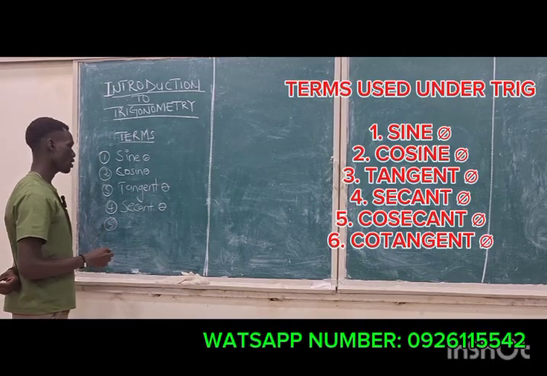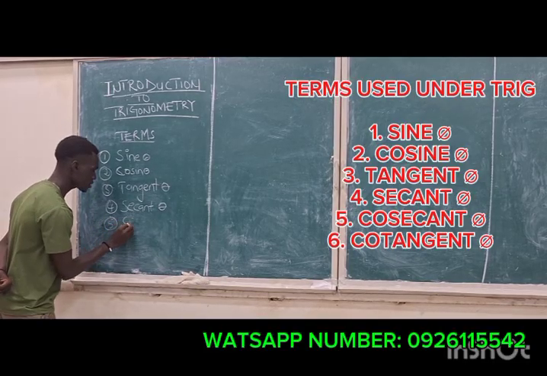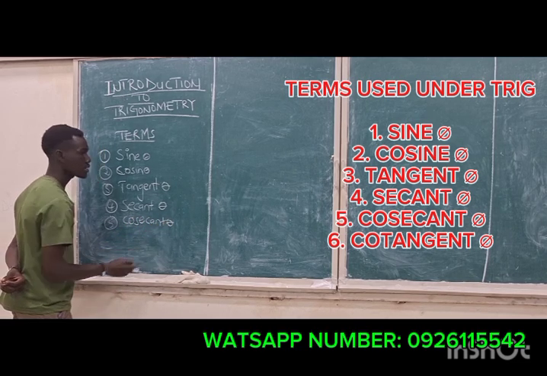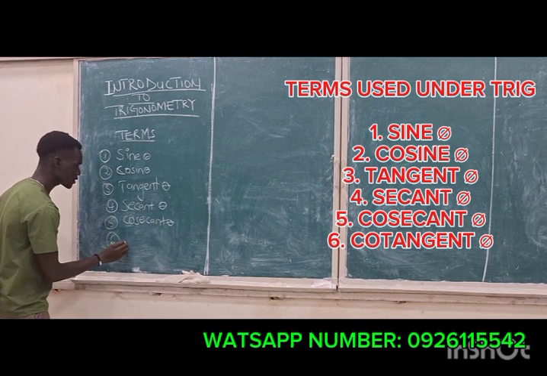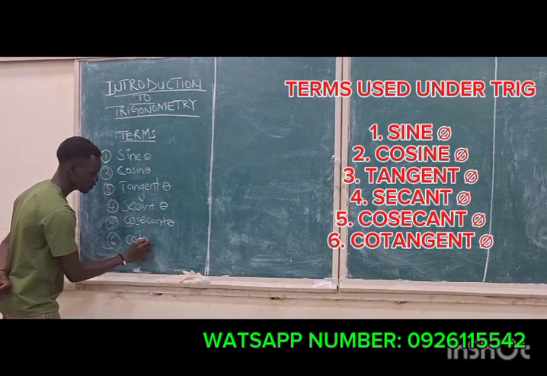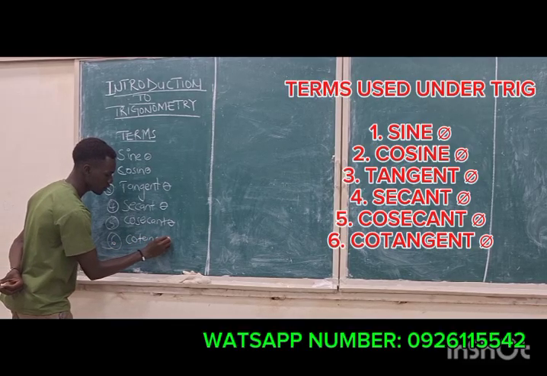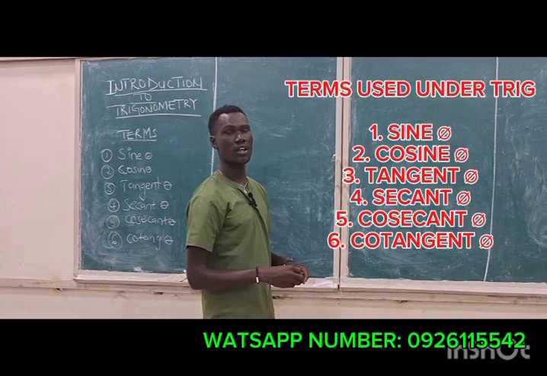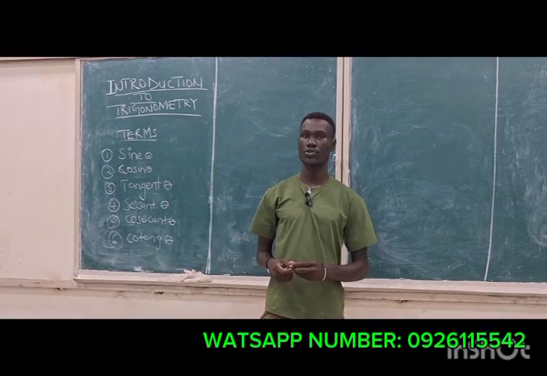Number 5, cosecant theta. Lastly, number 6, cotangent theta. Those are the terms that we are supposed to use when we're dealing with problems under trigonometry.